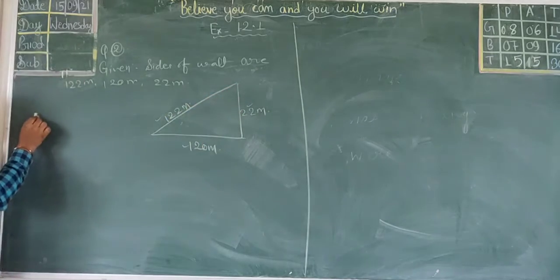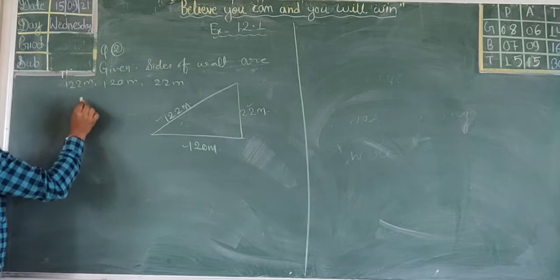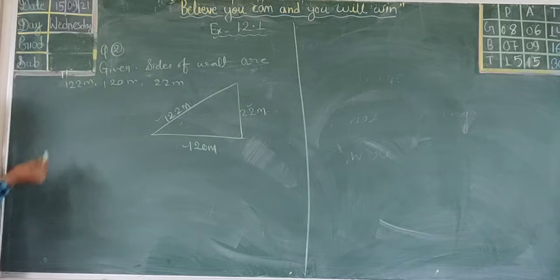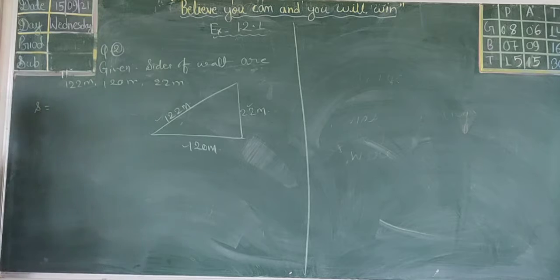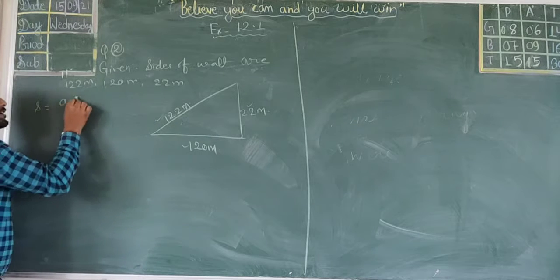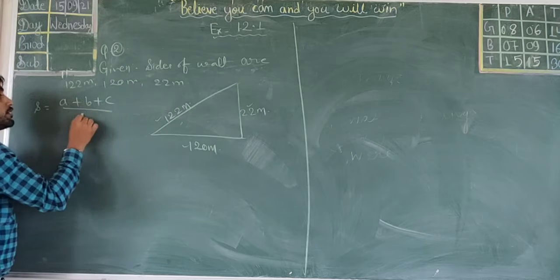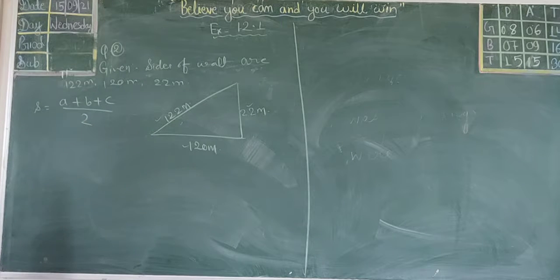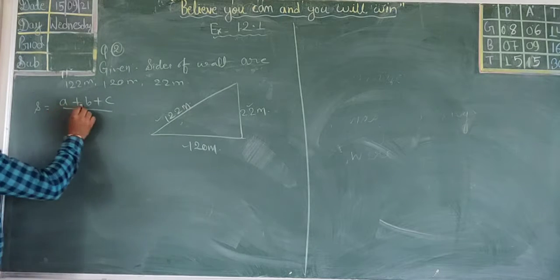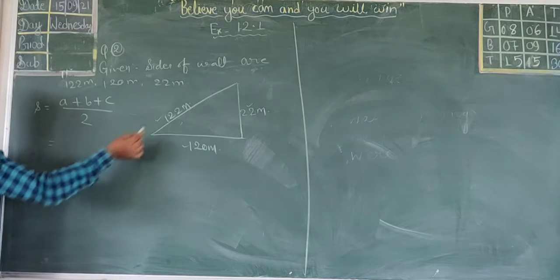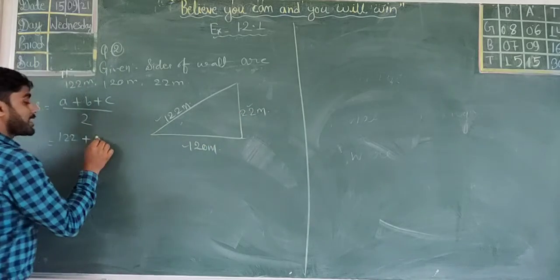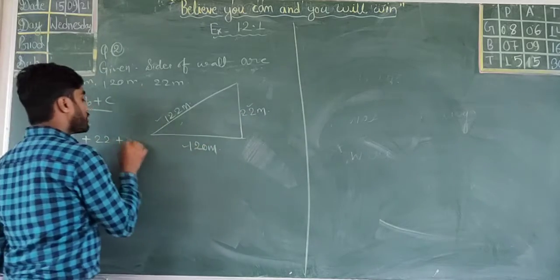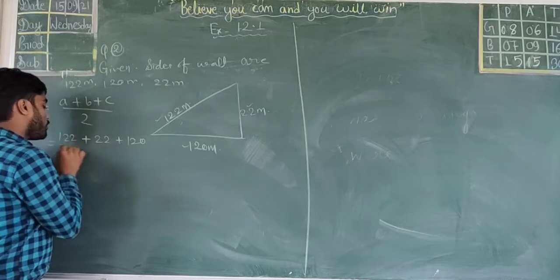For this we first have to find the semi-perimeter. Then we will use that in the area. So S equals A plus B plus C upon 2, where S is the semi-perimeter. Suppose 122 plus 22, the second side, plus 120 meters, upon 2.